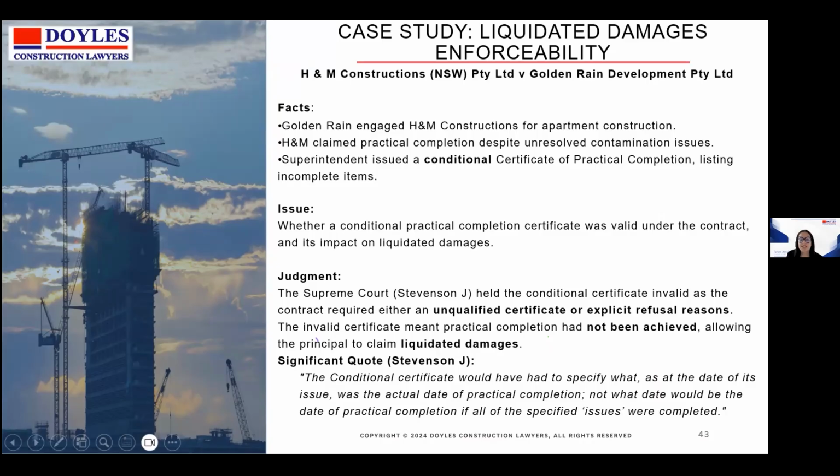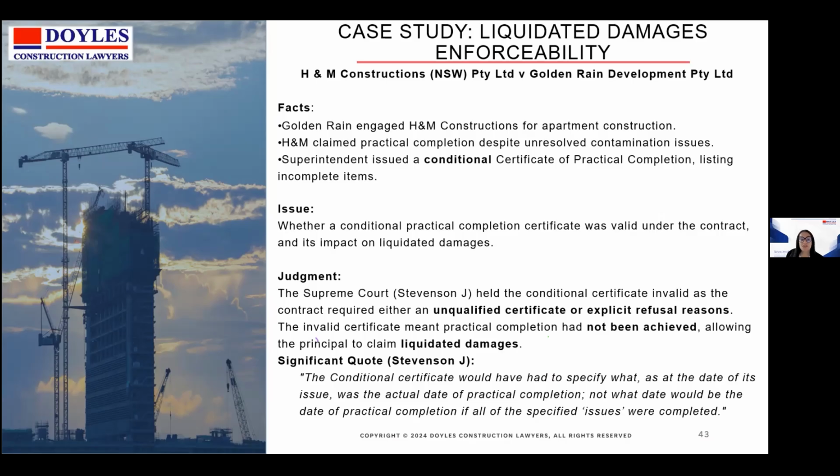Okay, just moving on to a case study, H&M versus Golden Rain. In this case, Golden Rain engaged H&M Constructions for apartment construction. The issue was whether a conditional practical completion certificate was valid under the contract and its impact on liquidated damages.